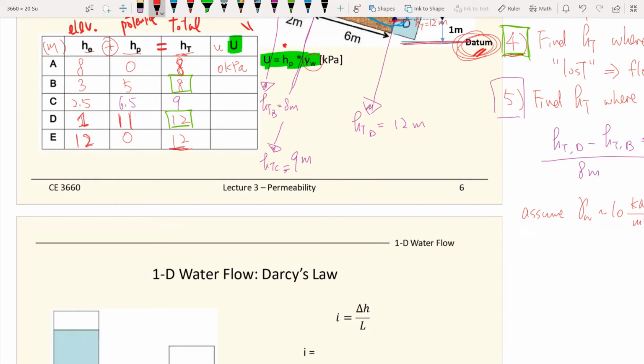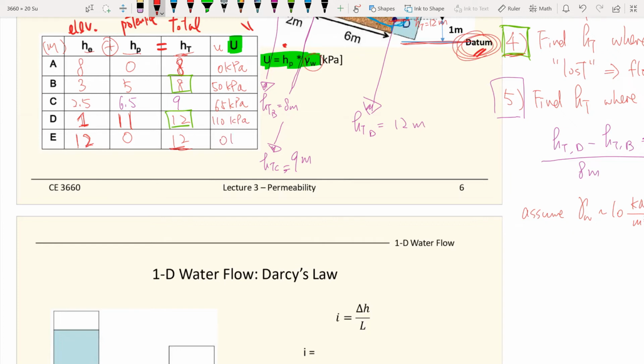So this is 0 kilopascal at point A, 50 at point B, 65 kilopascal at point C, and at point D it will be 110 kilopascal.